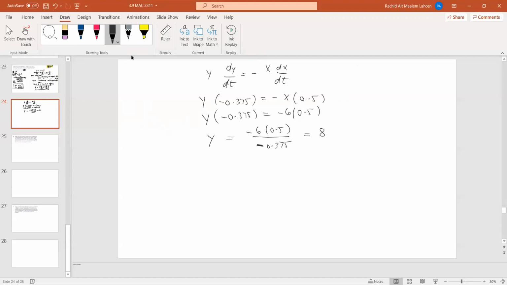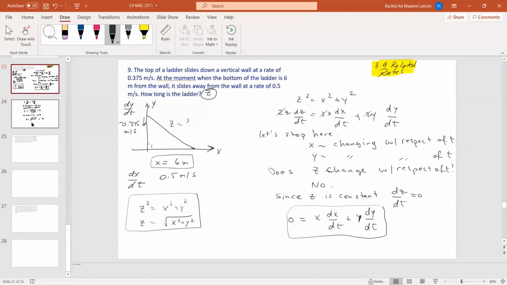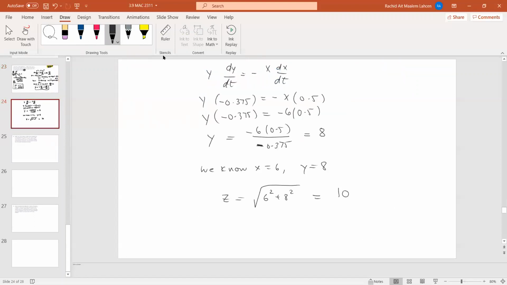All right, so we know x is 6, y is 8. So z is the square root of 6 squared plus 8 squared, and it's going to be 10, right?